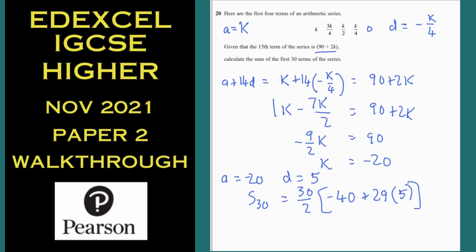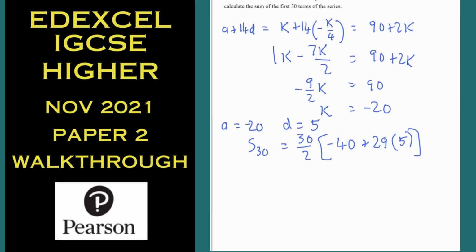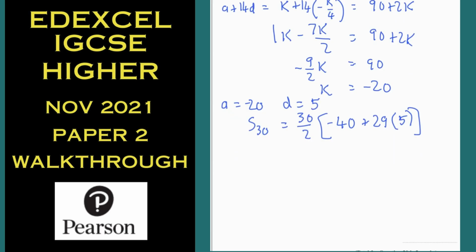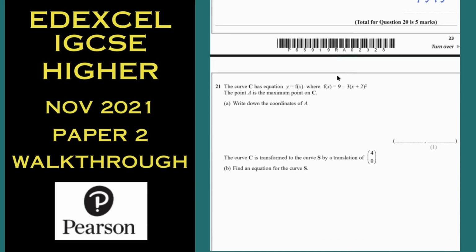It all goes in your calculator. The brackets works out at 105, so it ends up being 15 times 105, 1,575. Different, yep. Tricky, yep. Not impossible. We've seen worse.